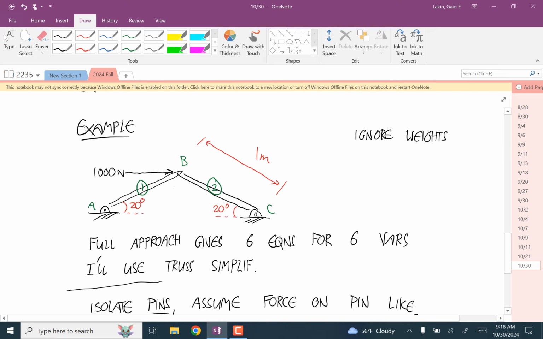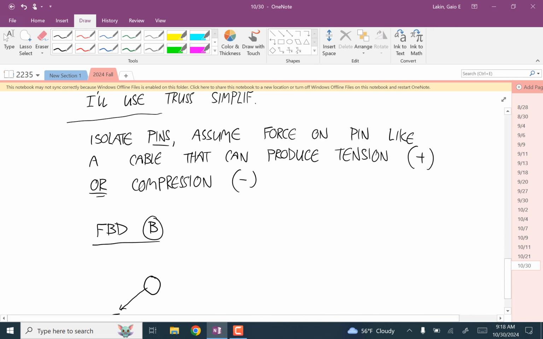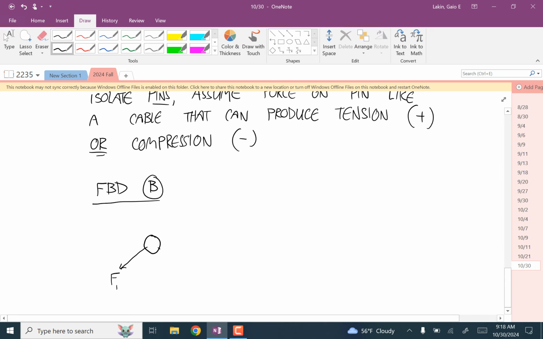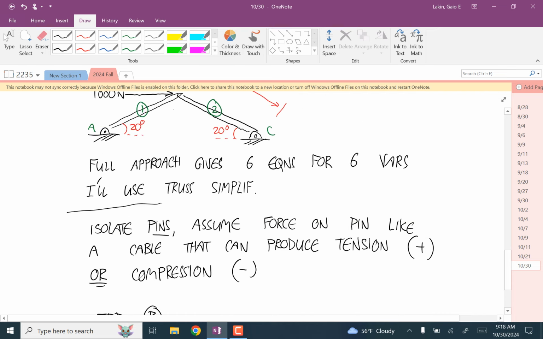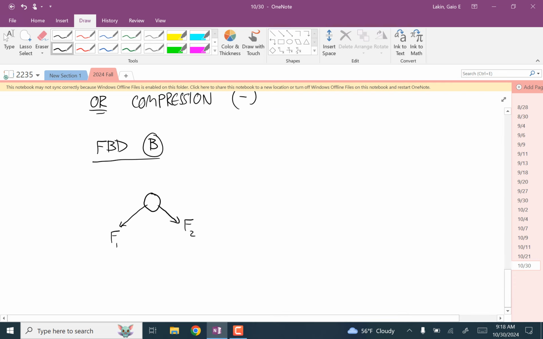And member 2, we're going to pretend that's a cable. So there's going to be a force this way from body 2. And then that 1,000 Newton force is acting. And this is it. Okay? This pin we're going to treat like a particle. So we're only going to get 2 equations out of this.